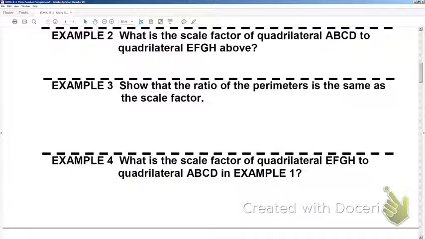example 2. What is the scale factor of quadrilateral ABCD to quadrilateral EFHG above? So if we find the scale factor with our ABCD first over EFHG, when I write my ratio, this time I'll write it as a fraction.